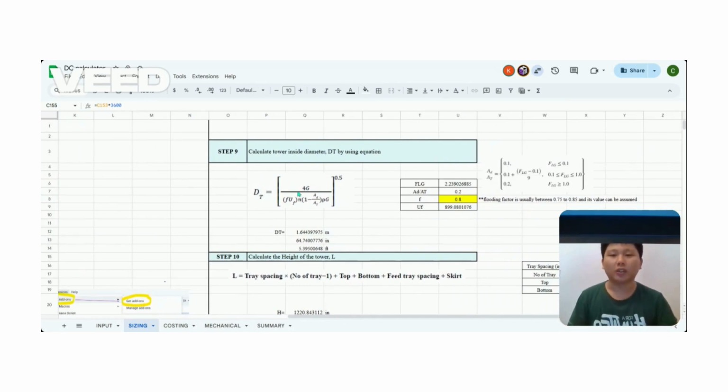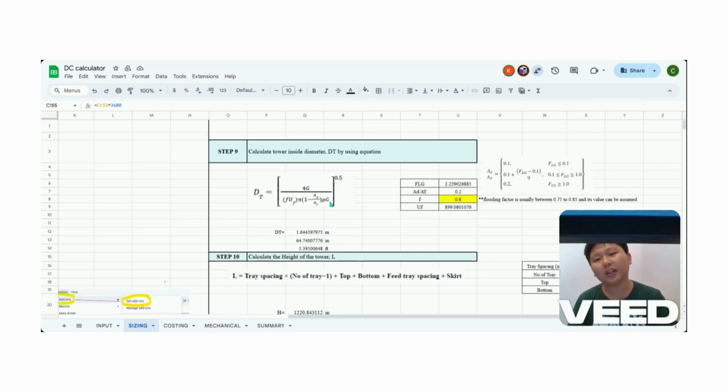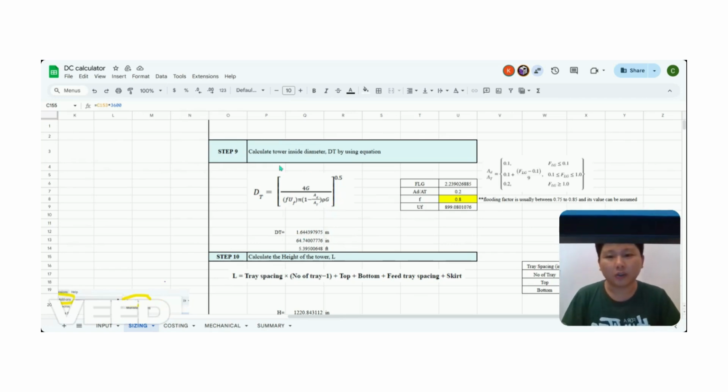According to the formula, we need to multiply the gaseous flow rate with 4, and then divide with the flooding factor, multiply with the flooding velocity, then multiply with pi, multiply with 1 minus AD over AT, and then multiply with the density of gases, then power of 0.5.